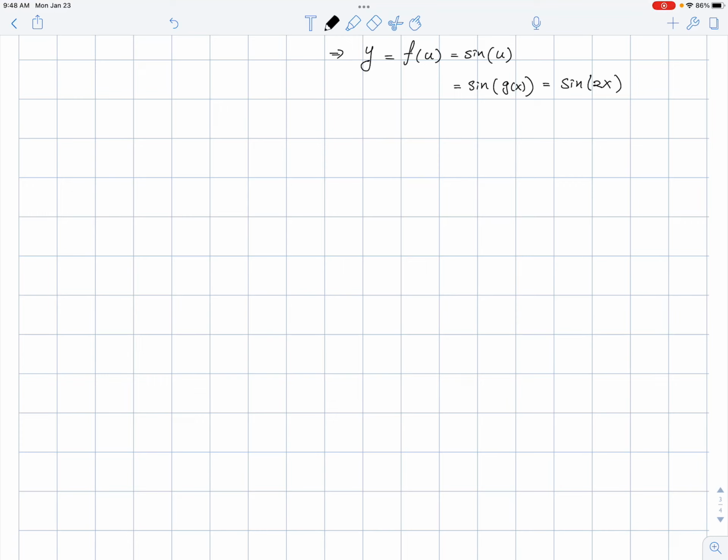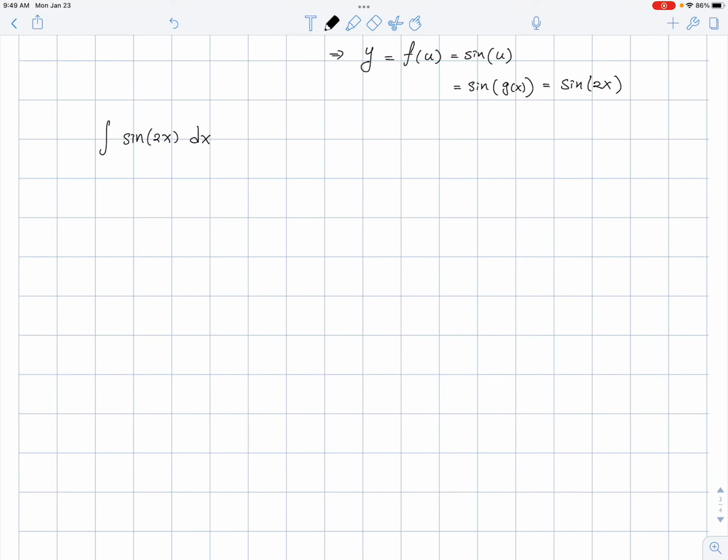So when we observe a composite function in our integral, what we can do is try to recognize the outer function and inner function.